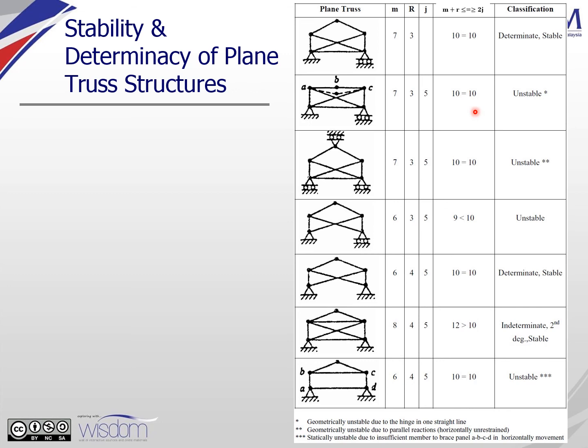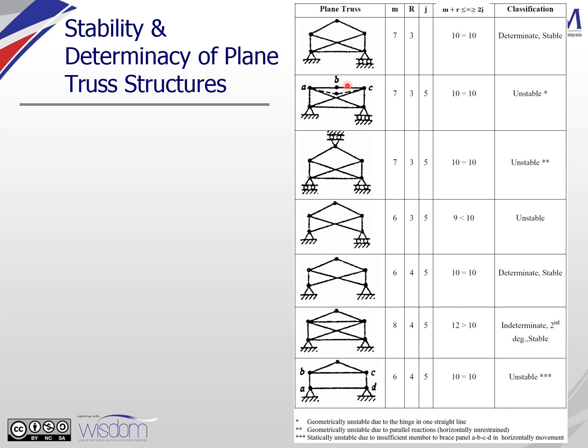However, although it satisfies the determinate equation, look at this: from A, B to C, there's a hinge on the structure. This hinge will cause the structure to bend; you can see the dashed line showing how it will bend.